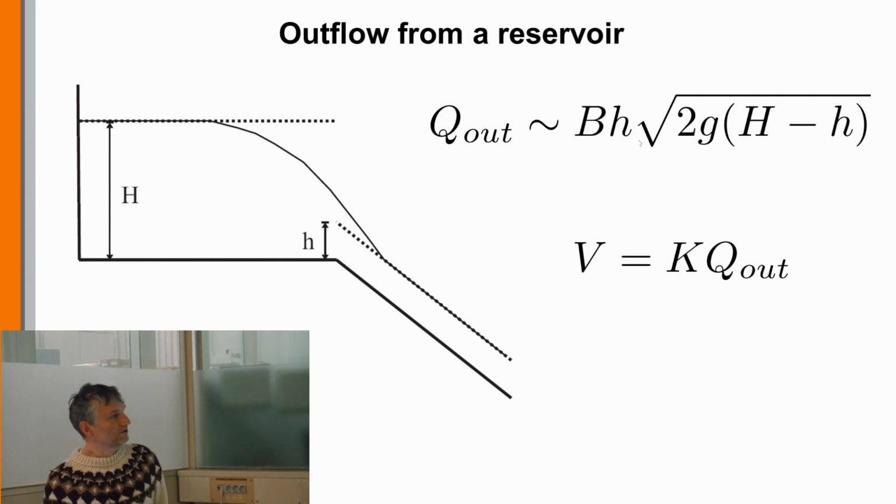So when we look at this, the discharge is not proportional to the volume of the reservoir. The volume of the reservoir would be height times bottom cross section.